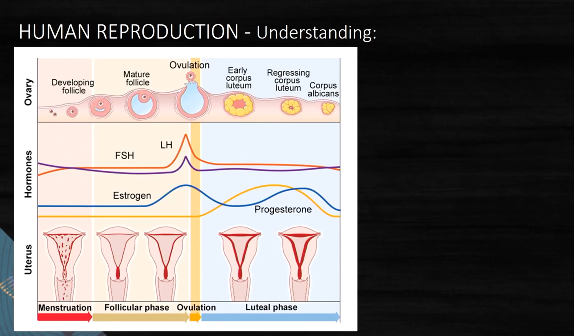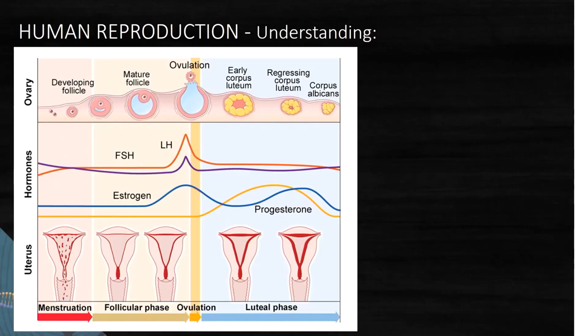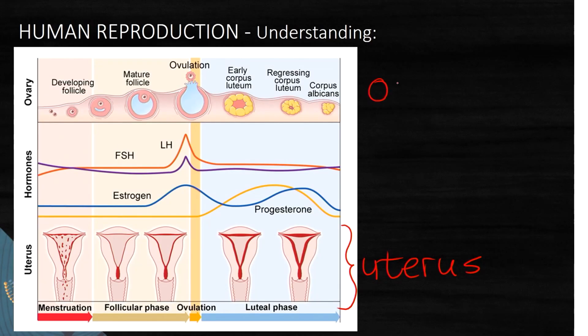Now, this is the part that gets everybody confused. It's simply 4 different diagrams together. That's what's happening in the uterus. This particular picture shows the whole uterus. Sometimes the pictures will simply show the thickness of the endometrium, or lining of the uterus. This is what is happening in the ovary.